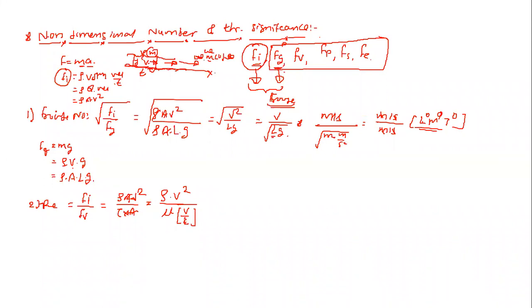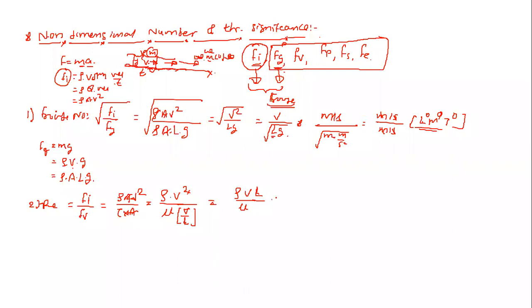So directly I am writing here V by L, where u represents the velocity and y represents the dimension, that is L. Then rearranging it, one of the velocities gets cancelled. So what we will have is density into velocity upon mu, rho V by mu into the length, that is rho V L by mu.